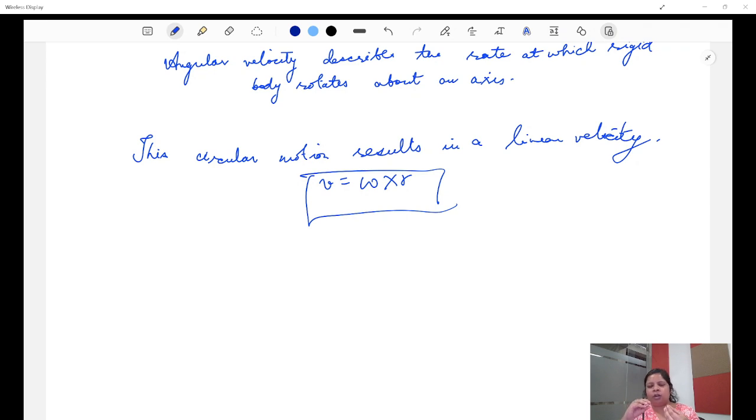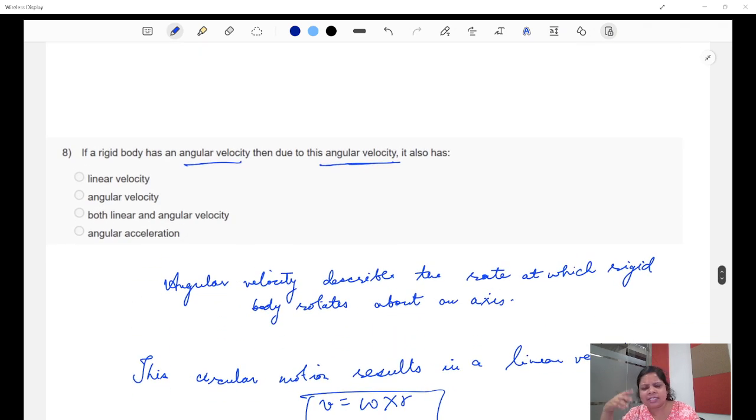So it is already rotating, but all the points on the body also have a linear velocity. If we just talk about linear velocity, it is incorrect because the body cannot have a linear velocity alone without the corresponding angular velocity when rotating. This rotation is what causes the linear velocity. It cannot have linear velocity without the angular velocity, right? Then angular velocity alone is incorrect because, okay, I'll write it.